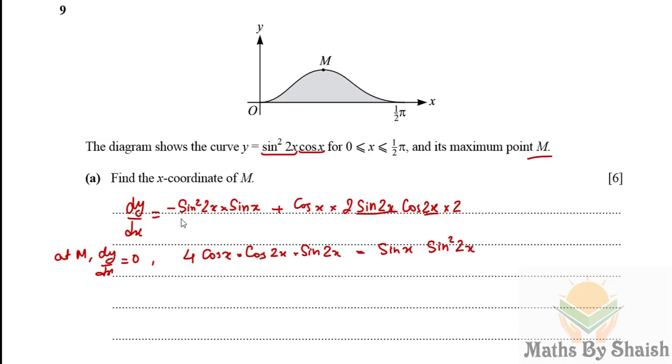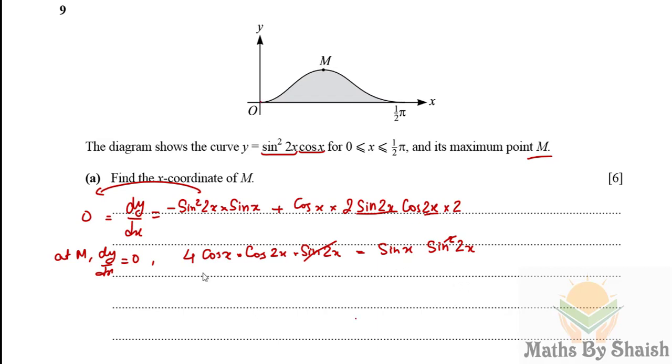Be careful with that, because we have put it equals 0 and then I transferred this here, so it is like that without the negative sign. And now we can see one sin 2x we can cancel, because we are not at M, this is never going to be 0.